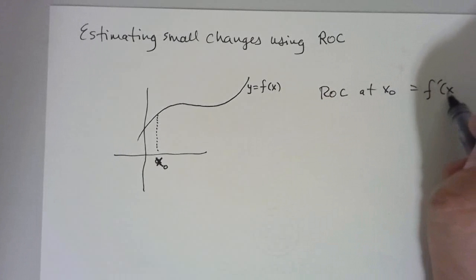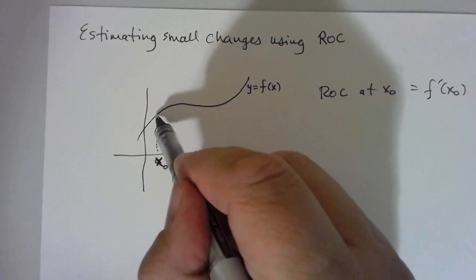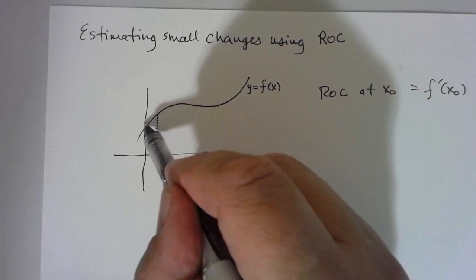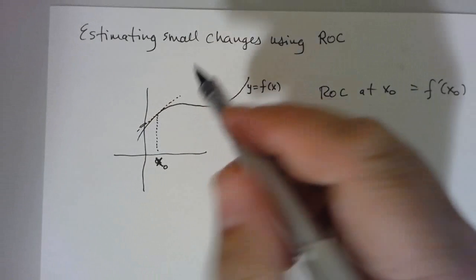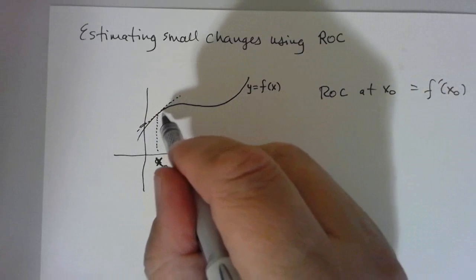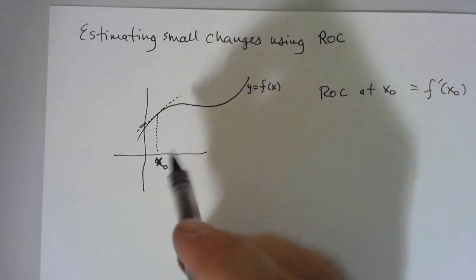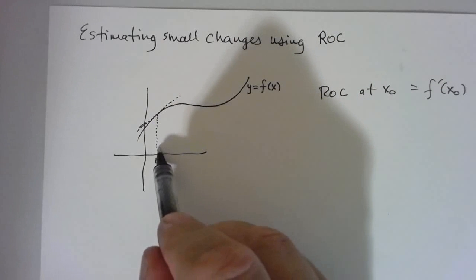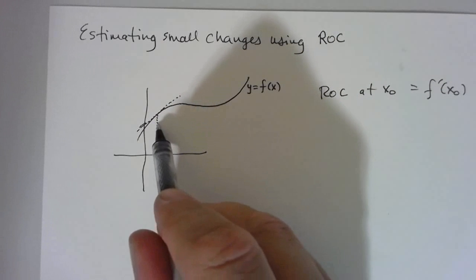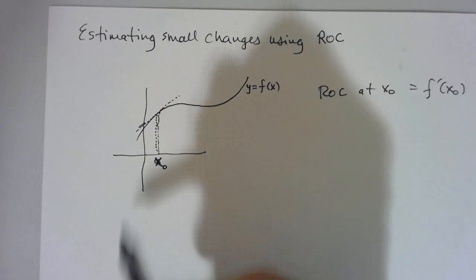at x naught, okay, that's giving me the slope of a tangent line, like so. And as long as I don't stray far from this point where I'm taking the derivative, then the tangent line should be very close to the actual value of the function.